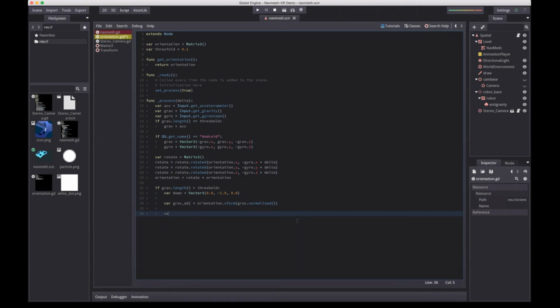The next step is we're going to take the dot product of these two vectors. Now, the dot product of two vectors actually gives us basically the angle between the two vectors. So this gives us, I think, the cosine of the angle actually.